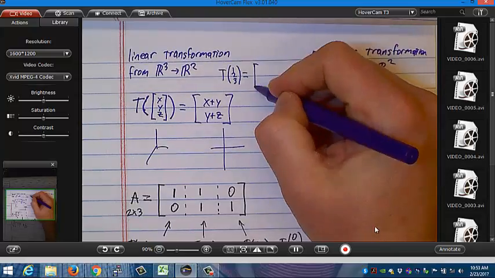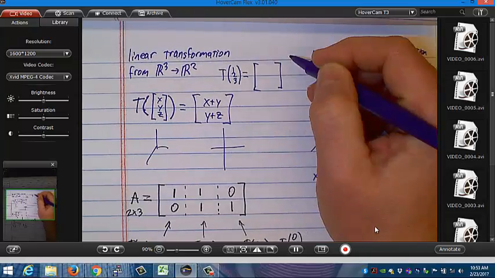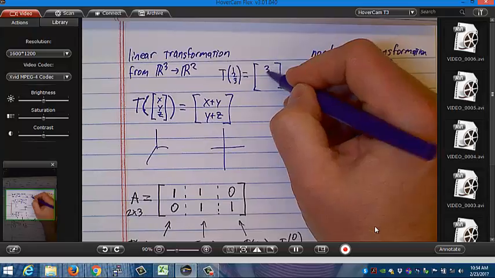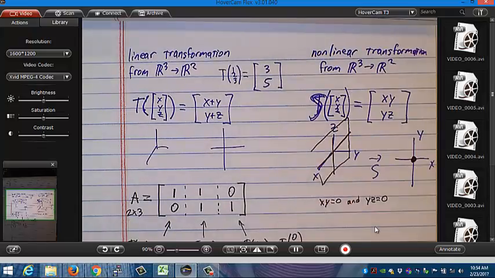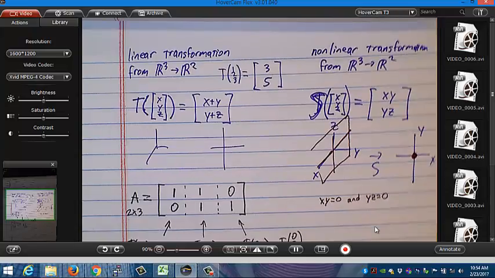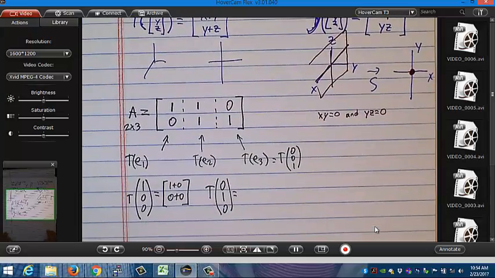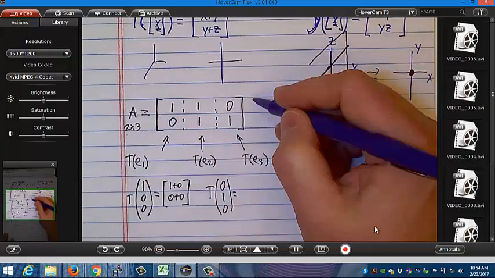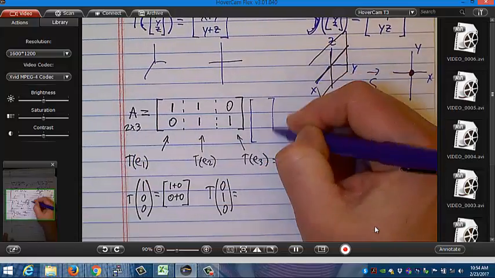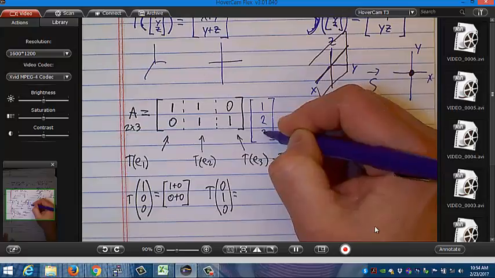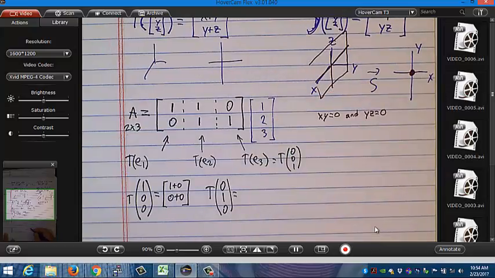What would it equal? I guess it would equal 3, 5. Is that right? 1 plus 2 and 2 plus 3. Okay? Now I want to do it using my matrix A. So I take matrix A and I multiply it by 1, 2, 3. And you could check that that's going to give you 3, 5.